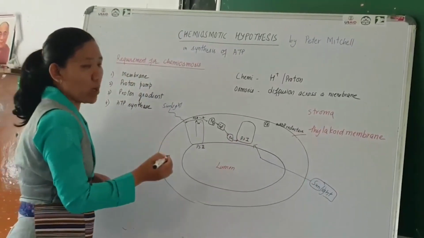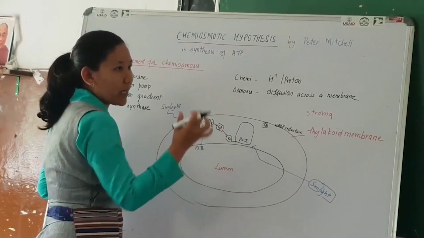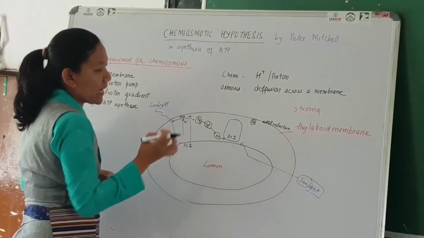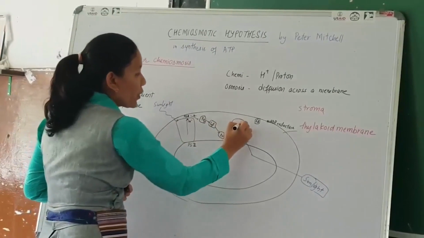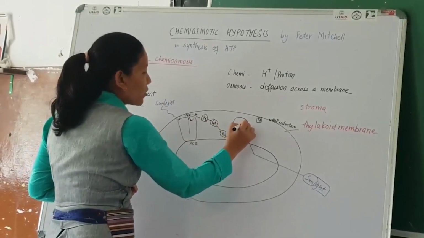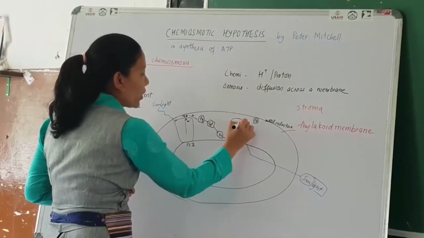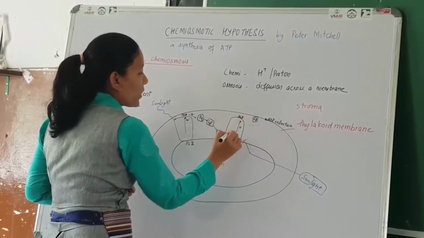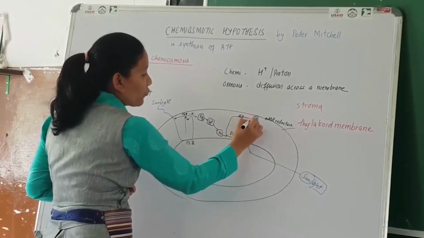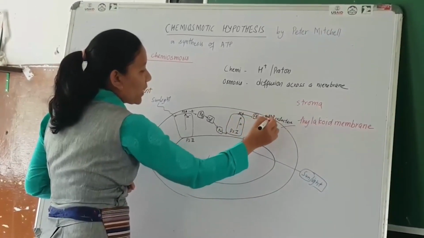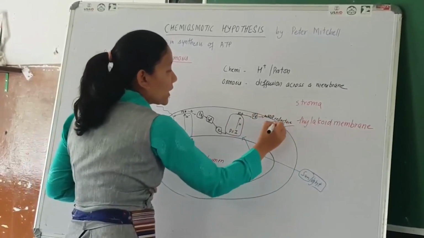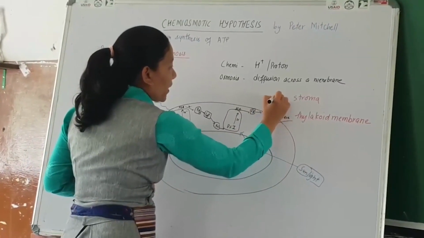And this PS1, by trapping the solar energy, again gets excited, loses a pair of electrons, and that lost pair of electrons is accepted by again a primary acceptor of electron, passes to ferredoxin to NADP, and we know what NADP reductase does.